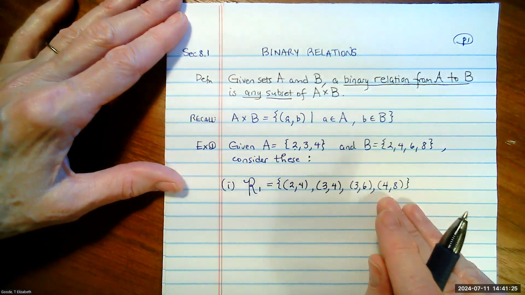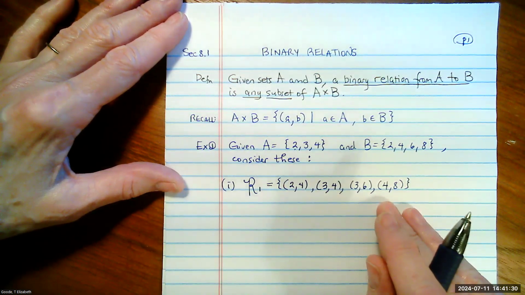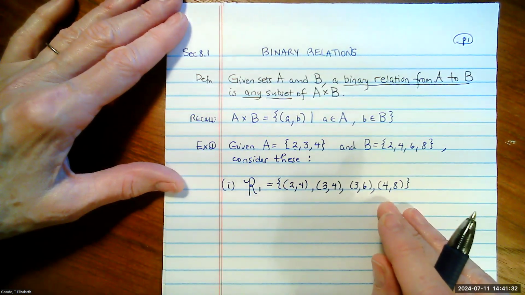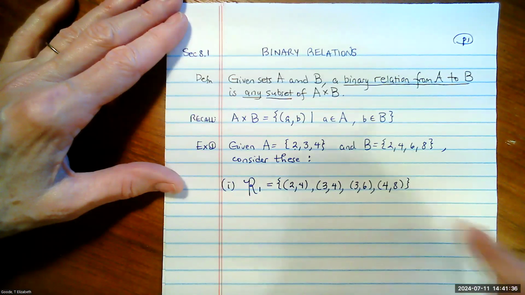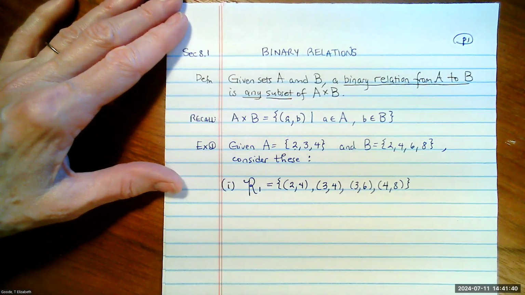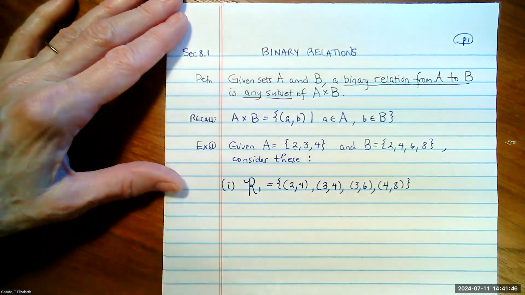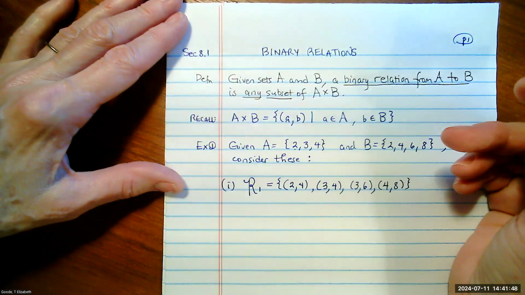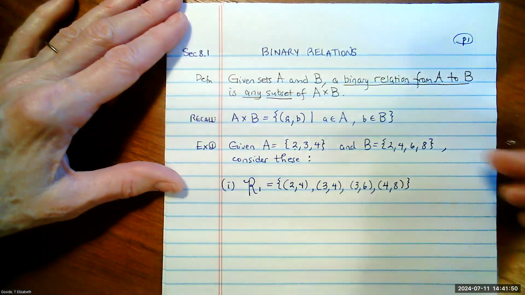This is just a random selection of 4 elements from A cross B. Remember, A cross B has 12 elements. We're building a subset. We could actually build all of A cross B and call it a binary relation from A to B, because any set is a subset of itself. So A cross B is a subset of A cross B, of course. That would be the largest binary relation from A to B, the whole of A cross B. What would the smallest binary relation from A to B be?